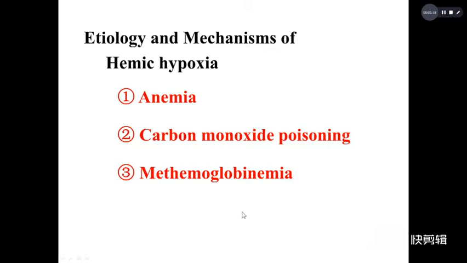Etiology and mechanism of chemic hypoxia. Now etiology includes anemia, where concentration of hemoglobin decreases, so chemic hypoxia happens; carbon monoxide poisoning; and methemoglobinemia. Affinity of hemoglobin for oxygen increases in the tissue capillary blood.